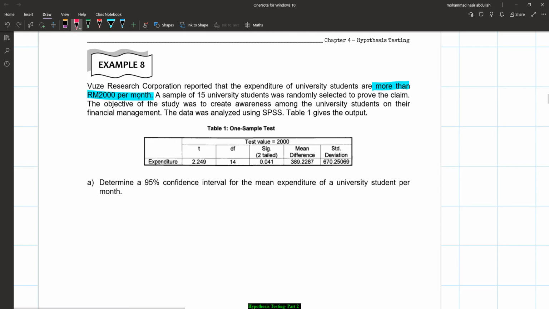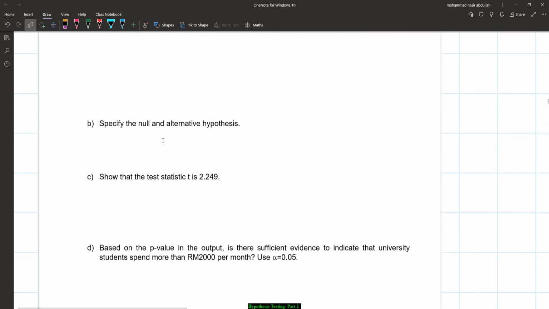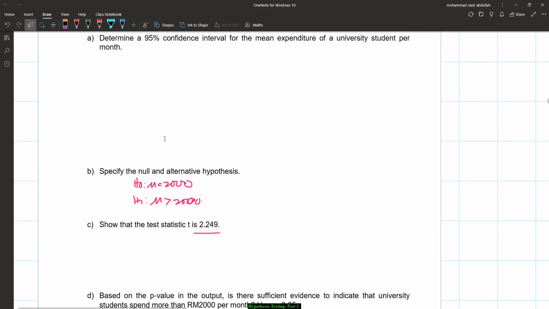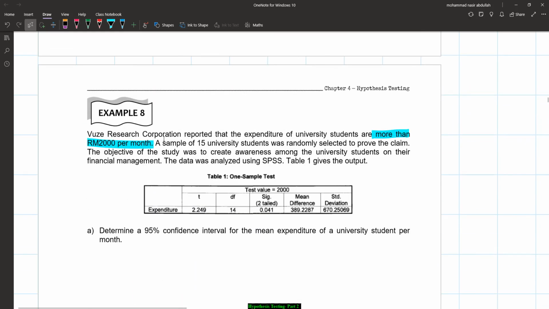So the null hypothesis is mu is equal to 2,000. Alternative hypothesis: mu is greater than 2,000. It shows that the t statistic is 2.24. So this is very simple: X bar minus mu divided by S over square root of n. So X bar here is equal to how much?